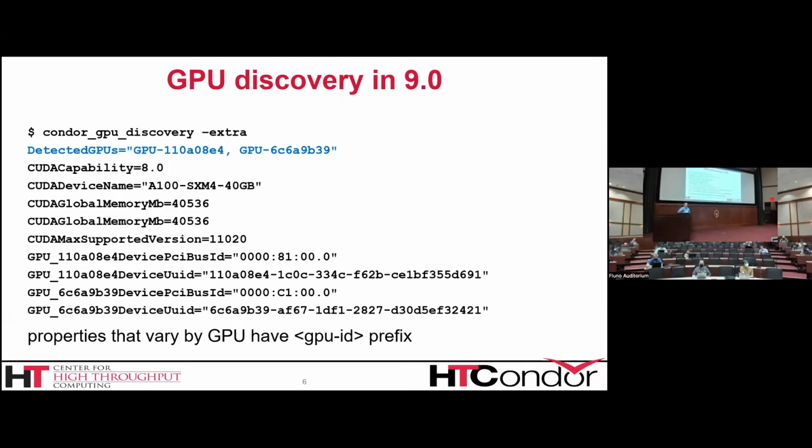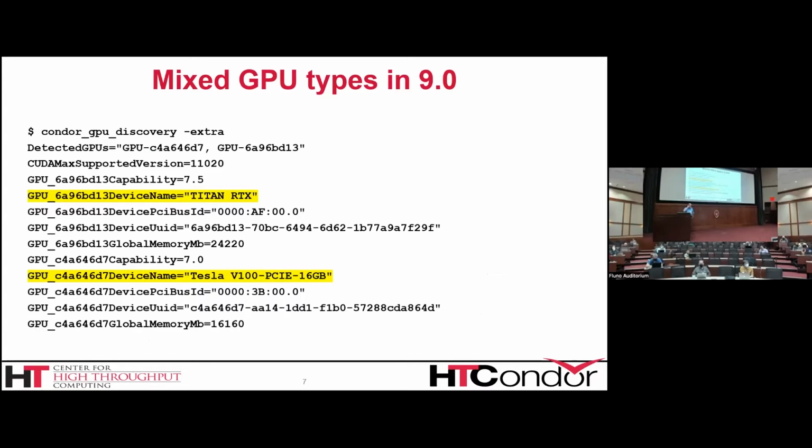Properties that vary by GPU, therefore, have attribute names in the StartD that you cannot predict from outside the execute node, and that is somewhat problematic, if it turns out things like your capability number vary by GPU. And here's a good example of that.